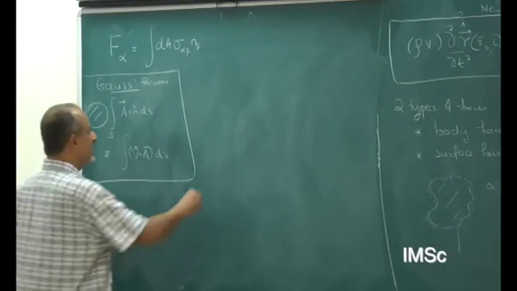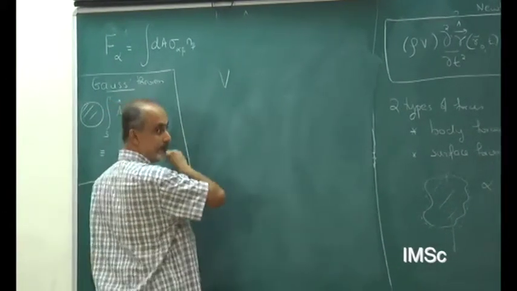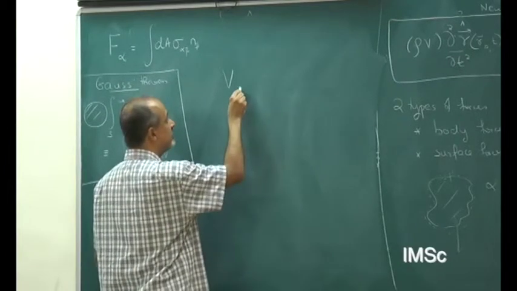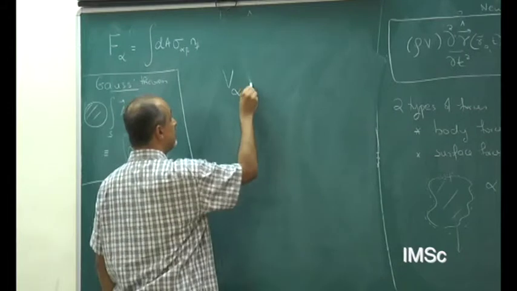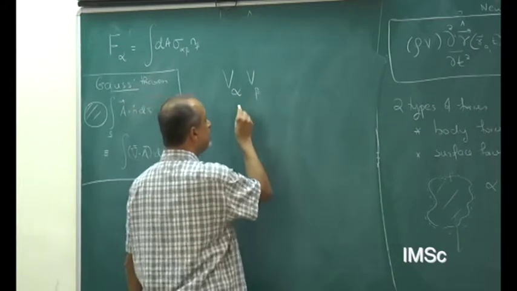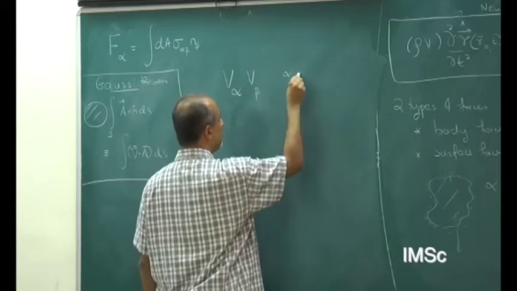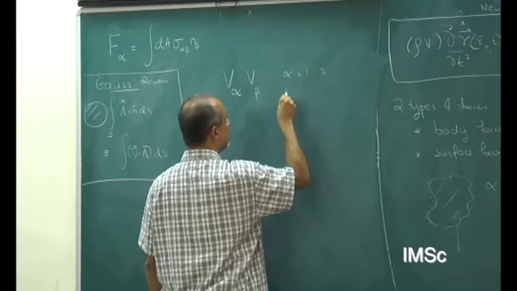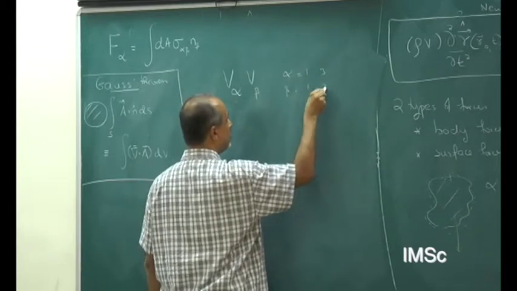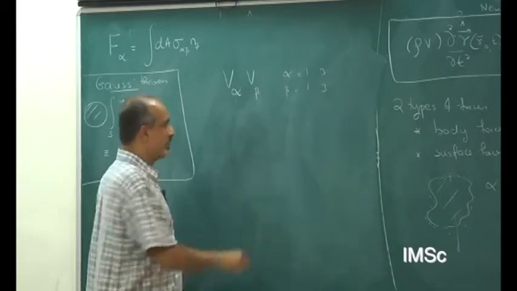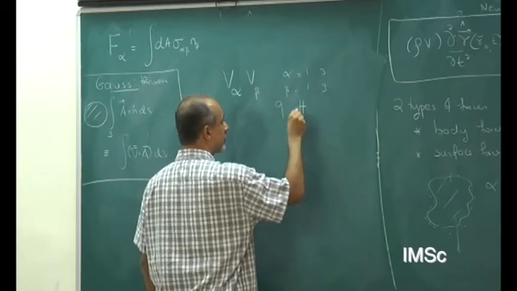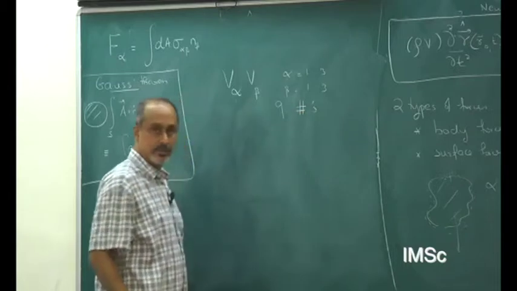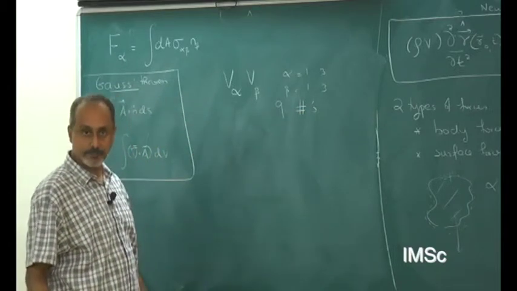But suppose I have a vector V with components V alpha. The quantity V alpha V beta has two indices alpha and beta, where alpha runs from 1 to 3 and beta runs from 1 to 3. So there are a total of 9 numbers that I must specify when I tell you about V alpha beta.